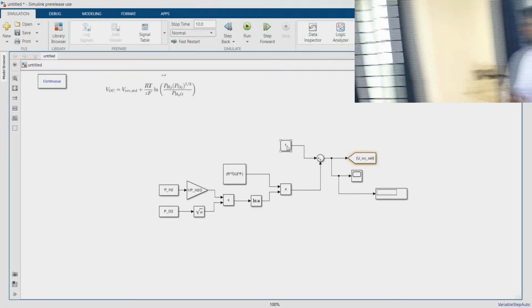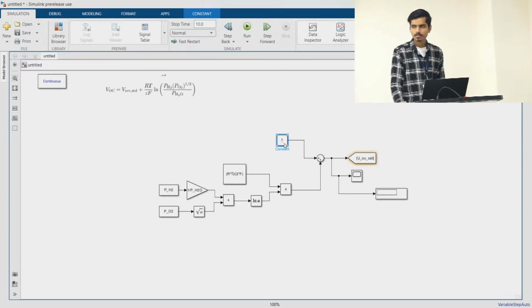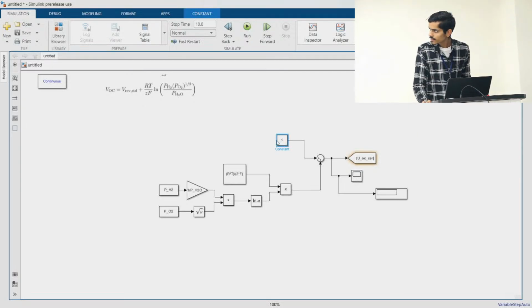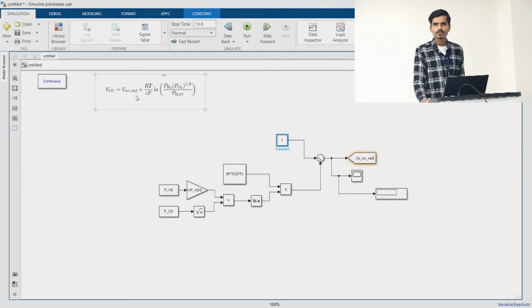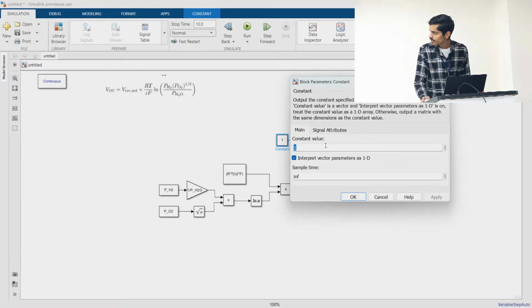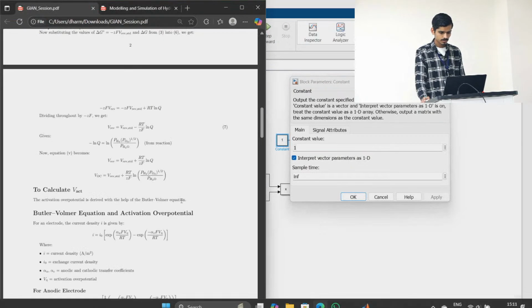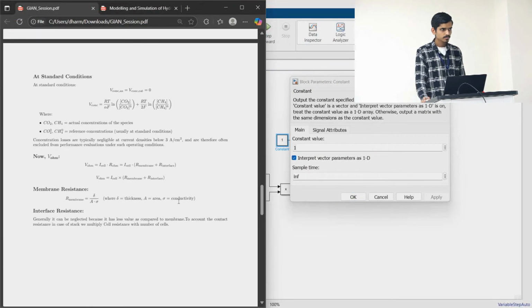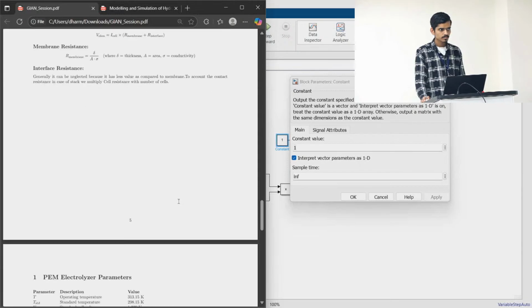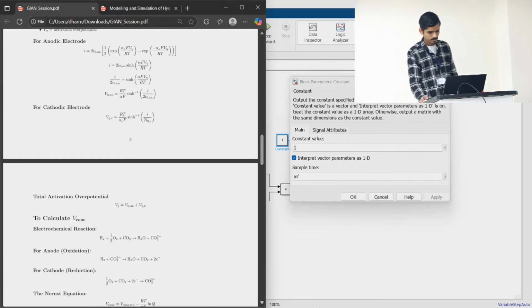So this equation basically represents, the first term is the constant block. This one is for this V reversible standard value. We have this value in our .m file, which we can share with you in the form of a screenshot if you want the reference. Yes sir.